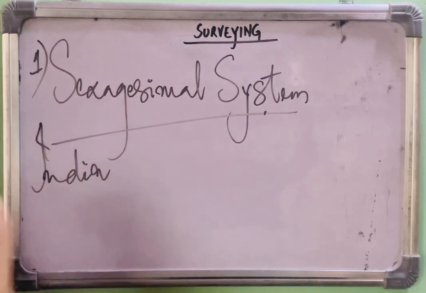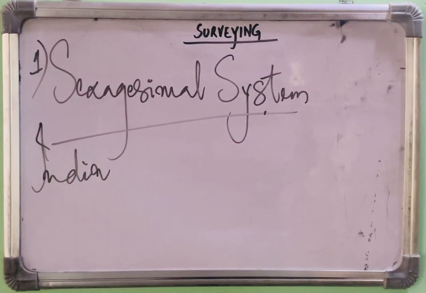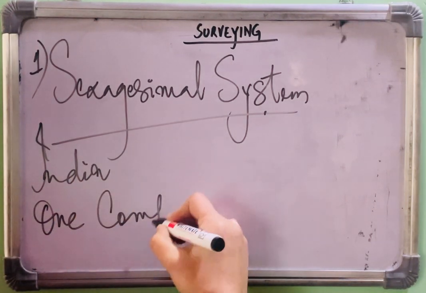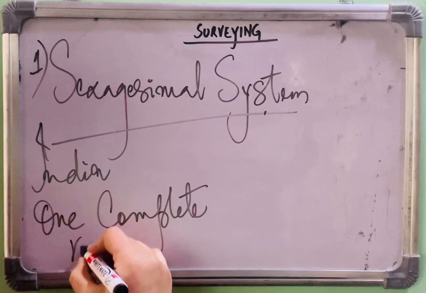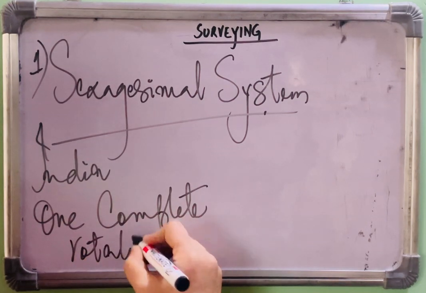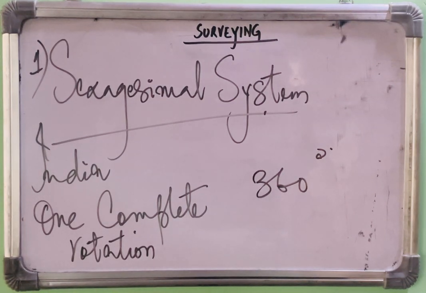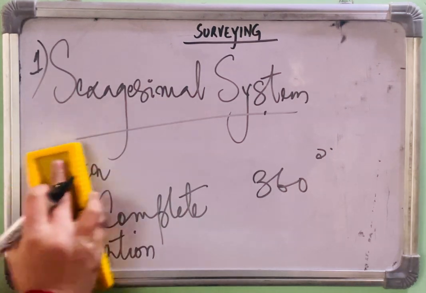In this measurement, one complete rotation is divided into 360 degrees, and the degrees are further subdivided into minutes and seconds. It must be noted by the students that most surveying instruments are graduated according to this sexagesimal system.